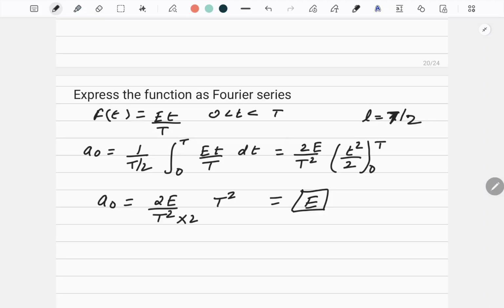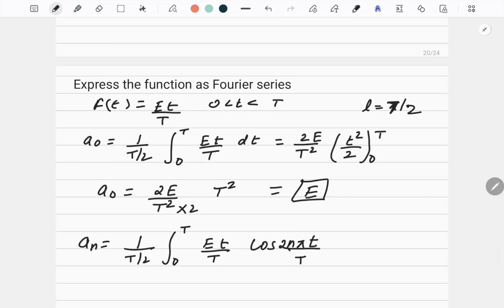Right. So now we will evaluate the value of an. So an is 1 by L again, 0 to 2L, e t upon T cos of n pi t upon L. So L is T by 2.